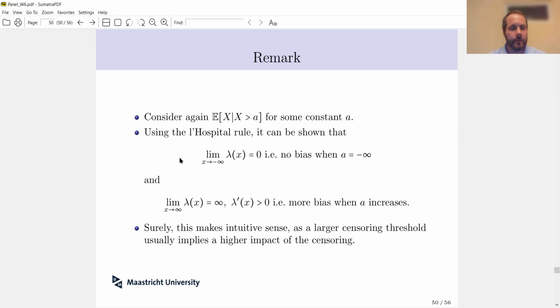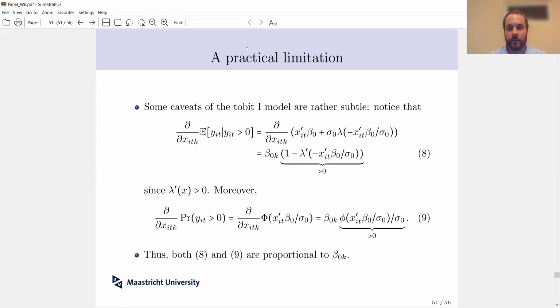Okay, so the Heckman procedure is used in the Tobit 1 model, but sorry, there's a practical limitation that I should point out. And it's actually rather subtle.